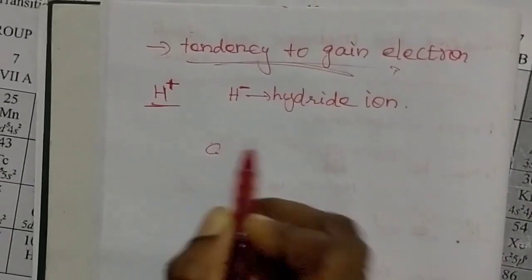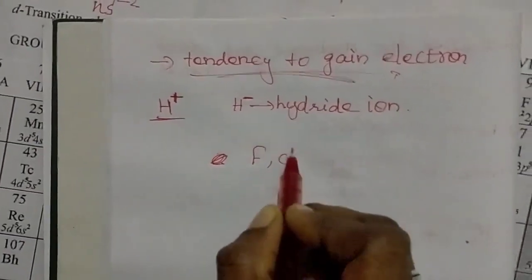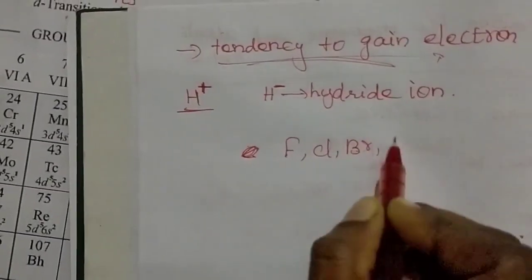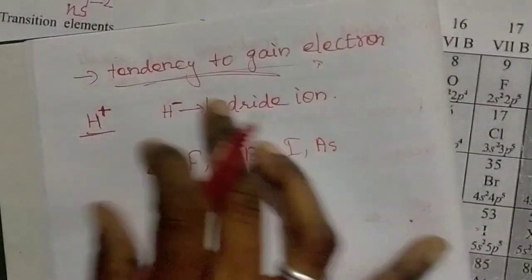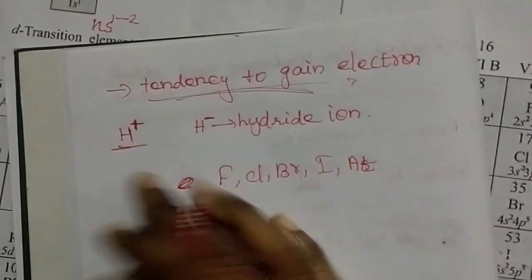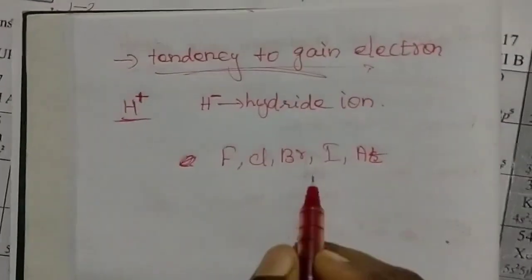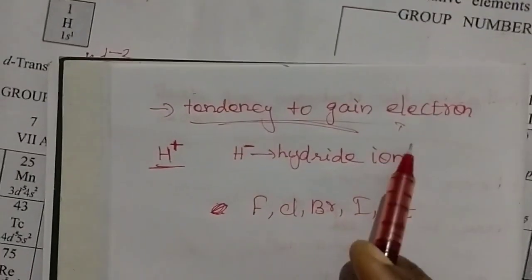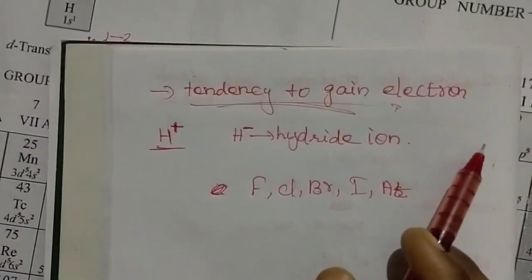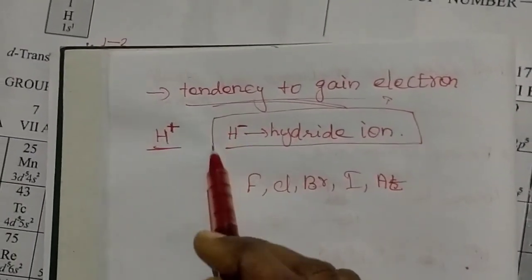What are the halogens? Fluorine, chlorine, bromine, iodine and astatine. Like the halogens, hydrogen also has the tendency to gain an electron and become the hydride ion, or H minus ion.